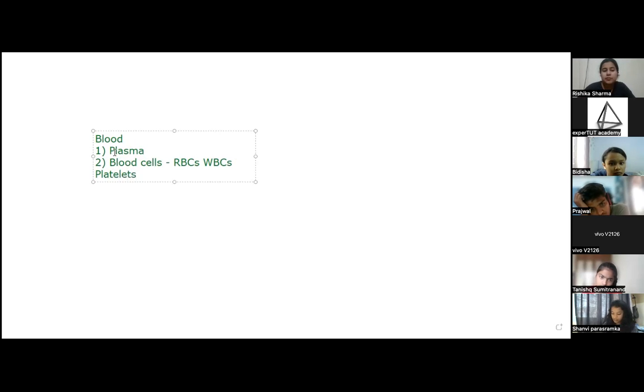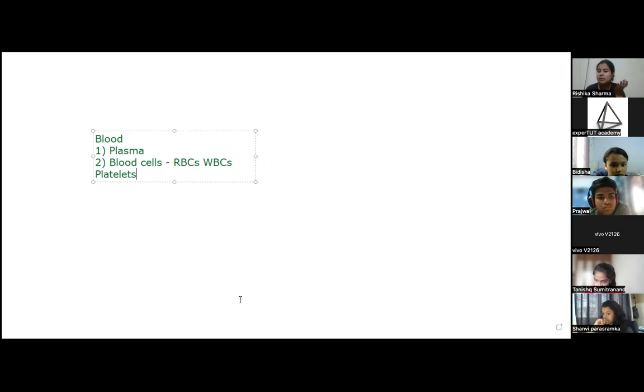So when we talk about plasma, what is plasma? Anyone has an idea what is plasma? We are not talking about the plasma TV. We are talking about basically the fluid that is in the blood, the fluid part, and the cells are suspended in it. Yeah, very good. When you take your blood and remove the RBCs, WBCs, and platelets, the clear liquid part which is left is known as plasma.